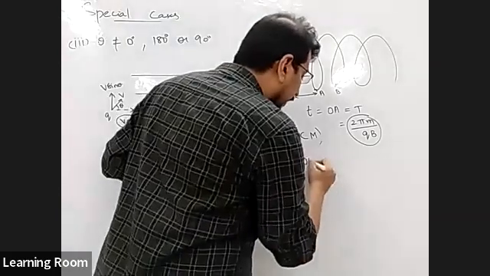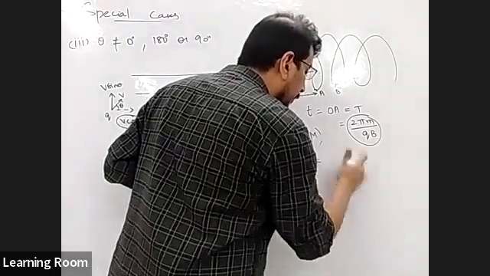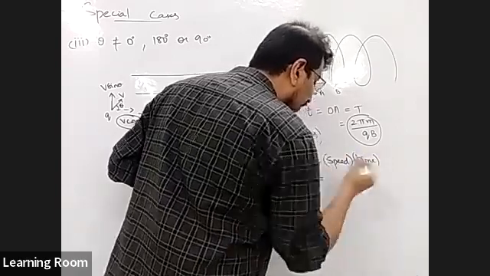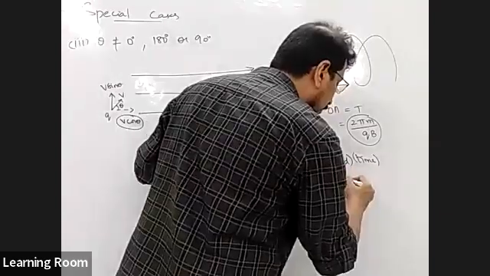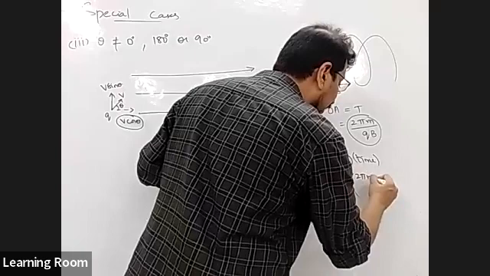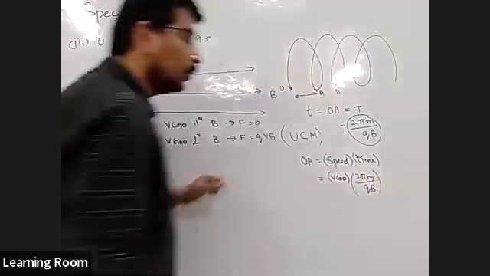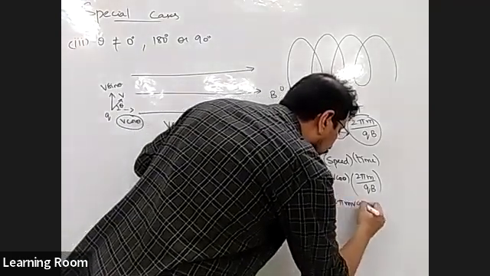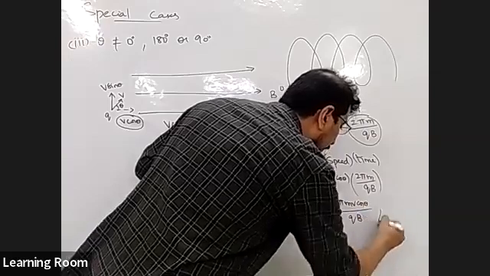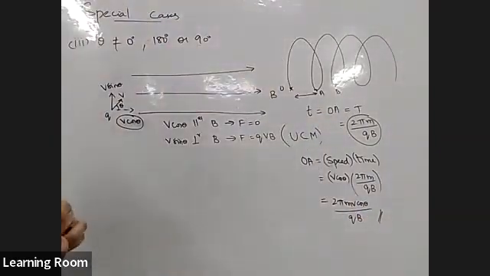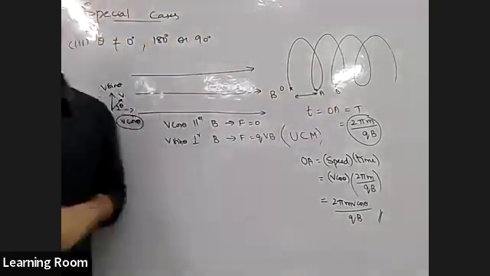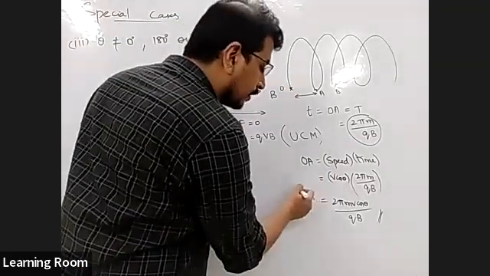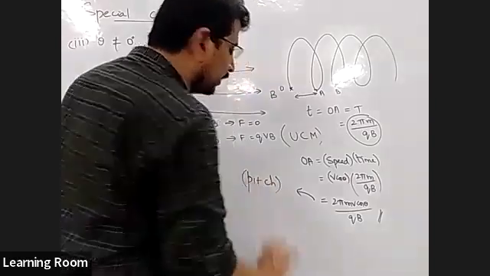So OA, can I say it is speed multiplied with time? The speed is v cos theta, into the time taken, 2 pi m divided by qb. So what are you going to get? 2 pi m v cos theta divided by q into b. So this is the horizontal drift that has taken place to the particle due to v cos theta. And this horizontal drift is given a special name called pitch. PITCH.